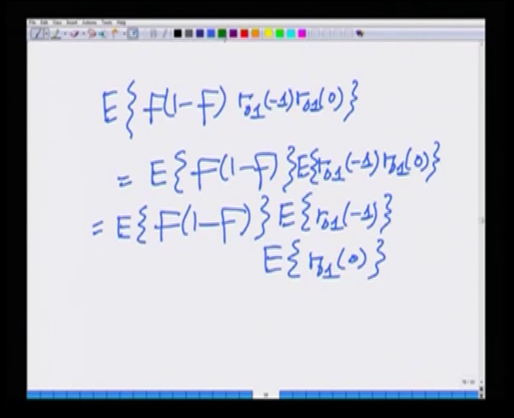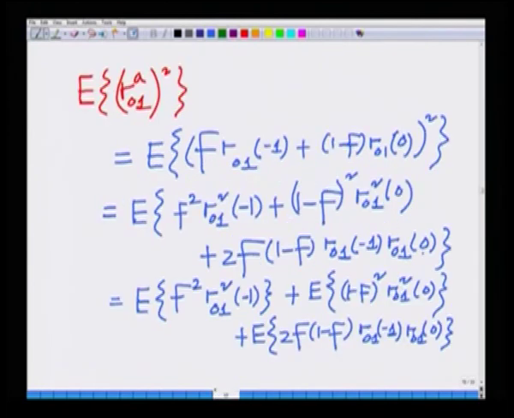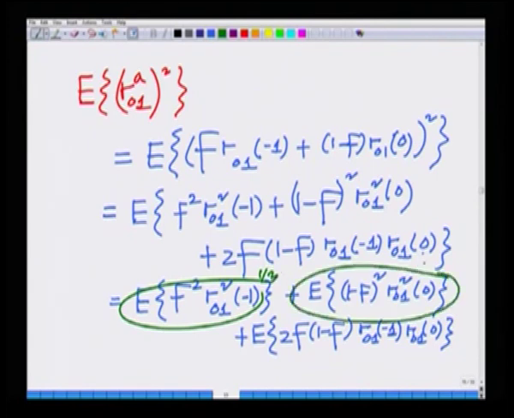We know that both these quantities are 0, hence this is 0. Hence, this quantity that we have here can be simplified as expected f square R01 square of minus 1, this is 1/3, expected (1 minus f) square R01 square, this is 1/3, I am sorry 1 over 3n, 1 over 3n, and this last term here is 0.